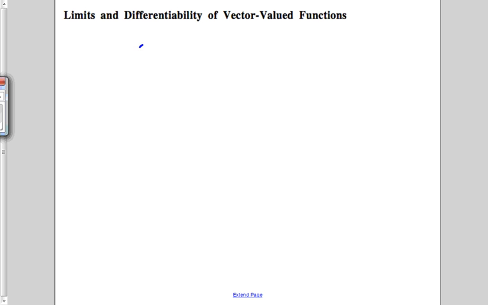Just as a reminder, if we wanted to talk about some object's position at any time, we liked thinking about it in terms of a vector because it let us split up its x direction. So we could have some function f of t that depends on time in the x direction.